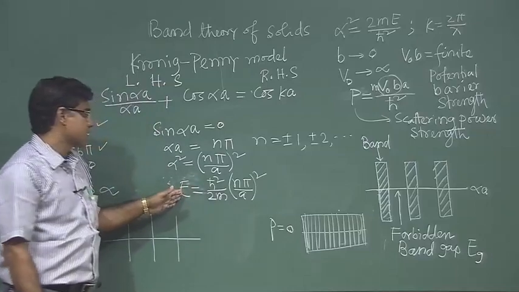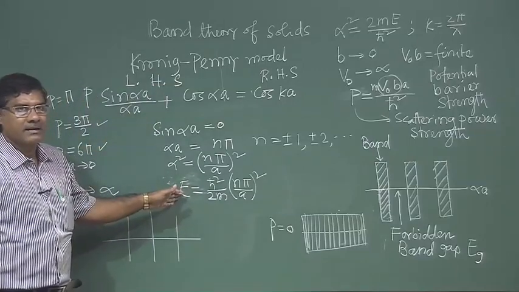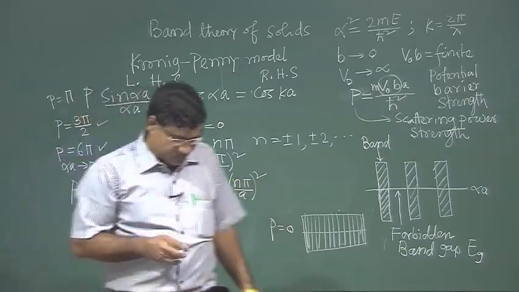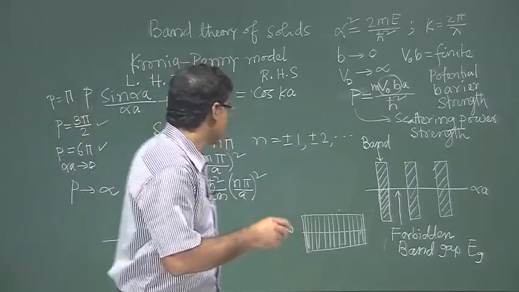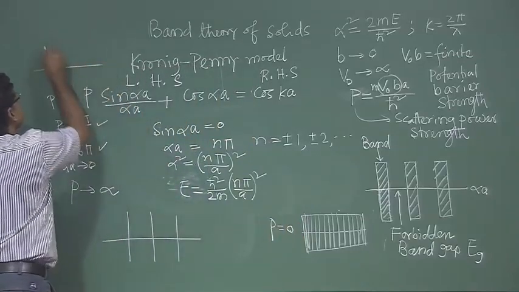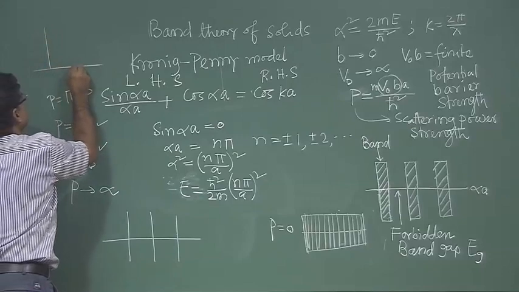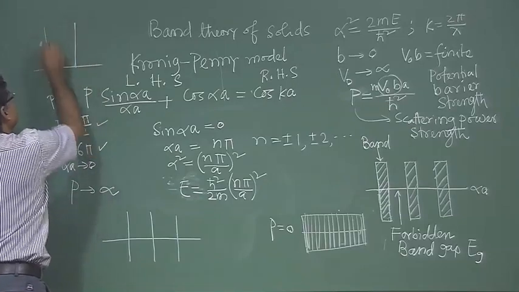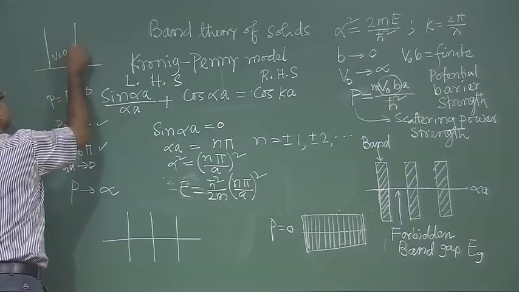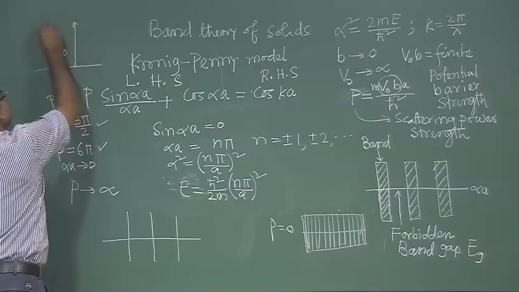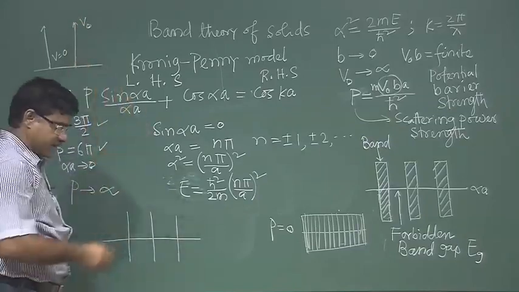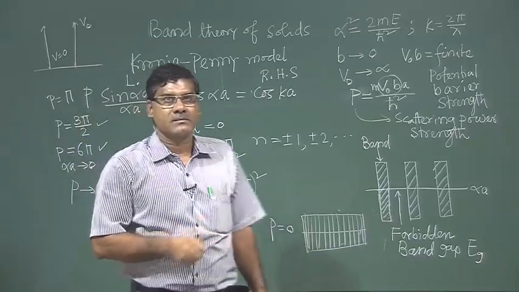Now, I think you remember the case of a potential well: an electron in a potential well, where V equal to 0 inside, but outside V equal to V0, which is very high. Okay.